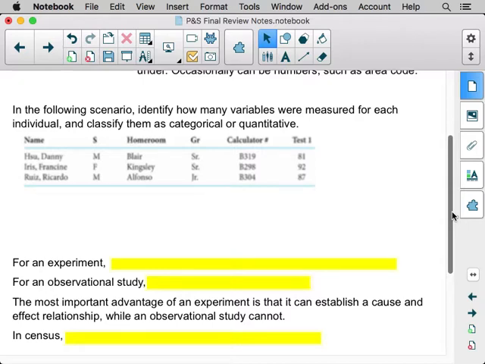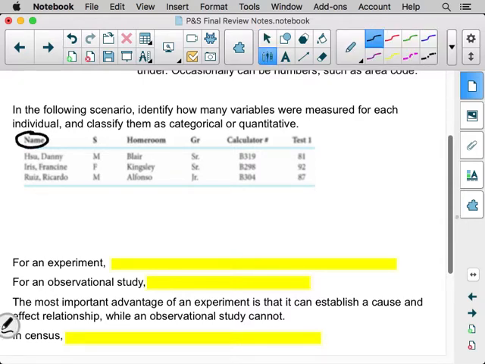So here, when we're talking about name, this I don't count as a variable. That is identifying my individuals, okay? Those people are my individuals. Then the rest of these are my variables, okay?